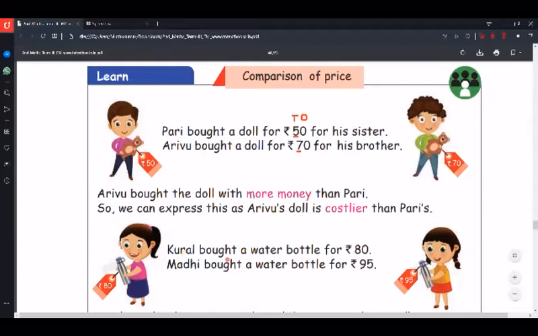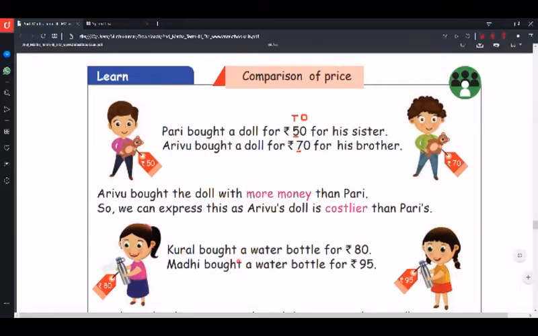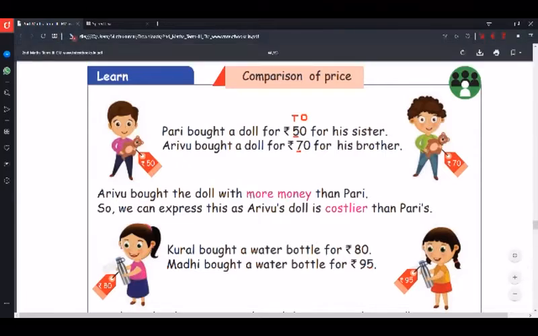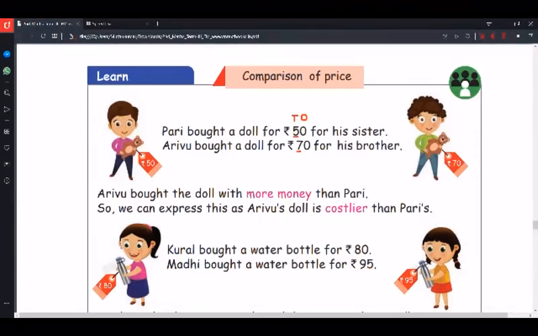One more example. Kural bought a water bottle for rupees 80. Madhi bought a water bottle for rupees 95. Okay. So here Kural bought a water bottle for rupees 80. Put ones and tens, children. First start with ones and then with tens. Okay. Don't put it like this, tens and ones.